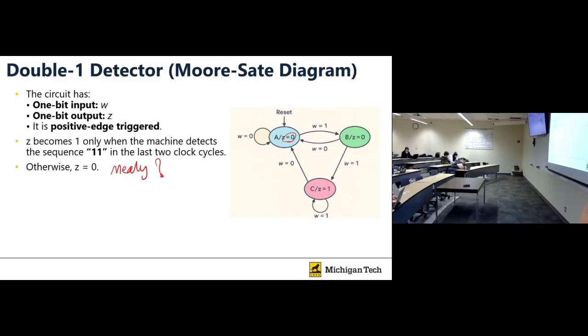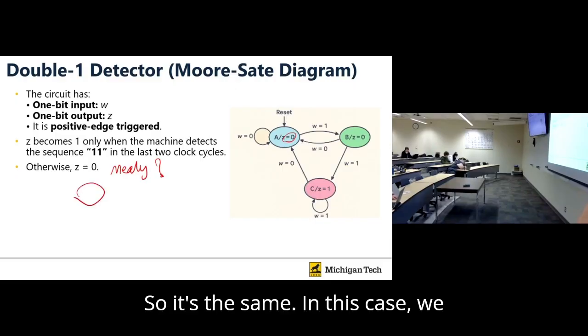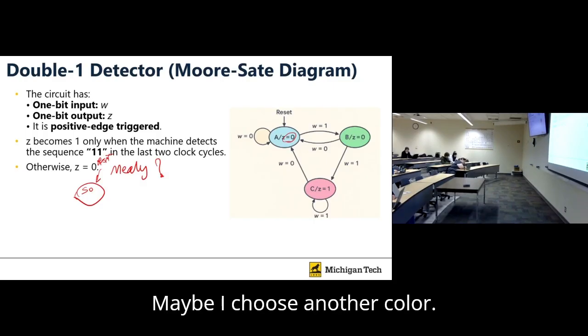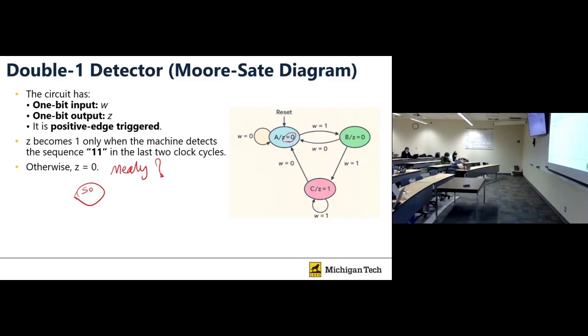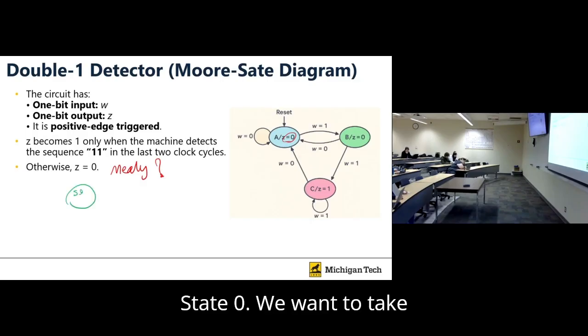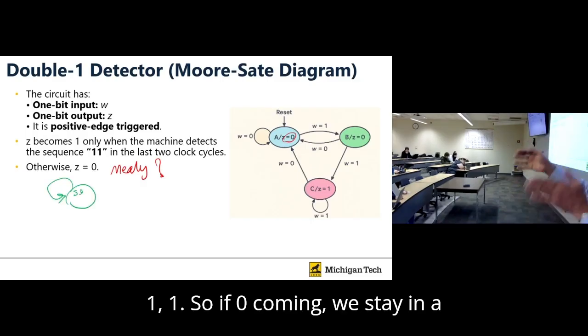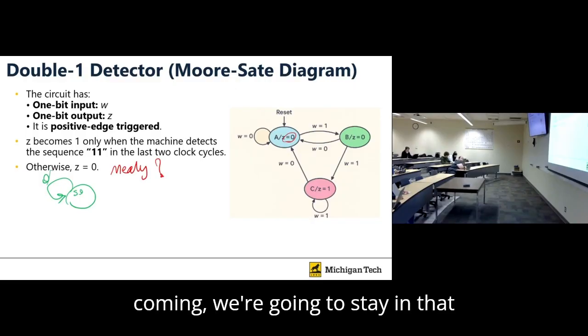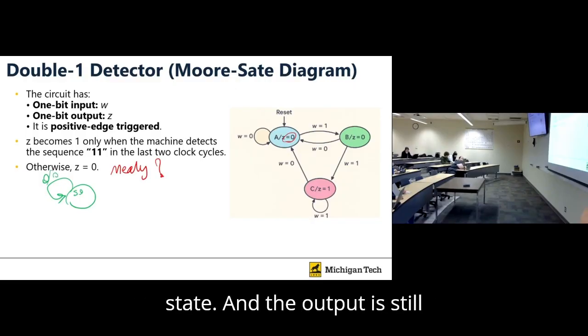So it's the same. In this case, we have S0, state 0. We want to detect 1, 1. So if 0 comes, we stay in state 0, and the output is still 0.